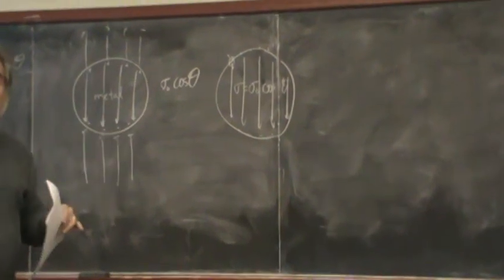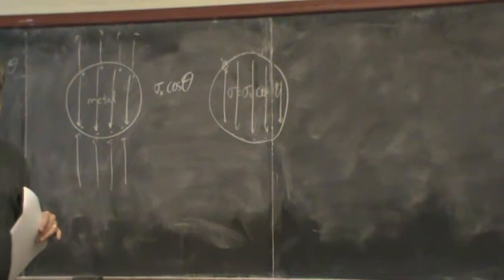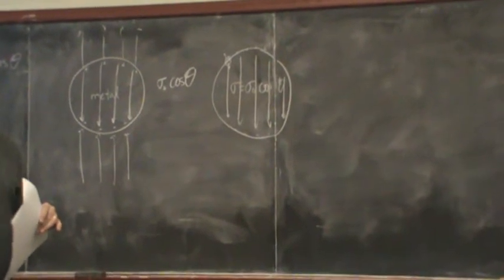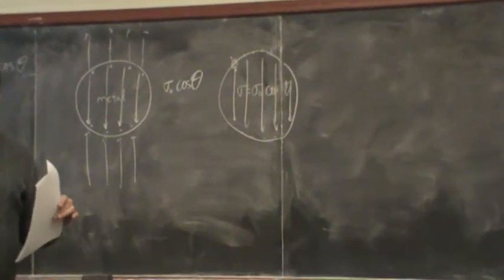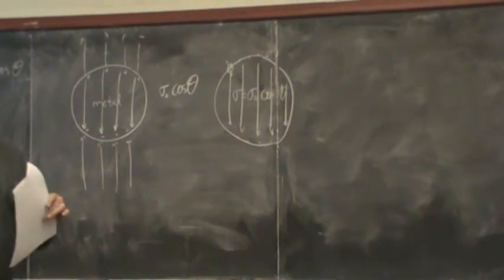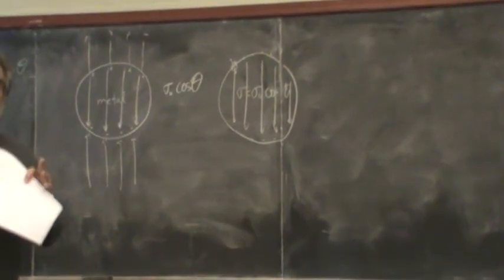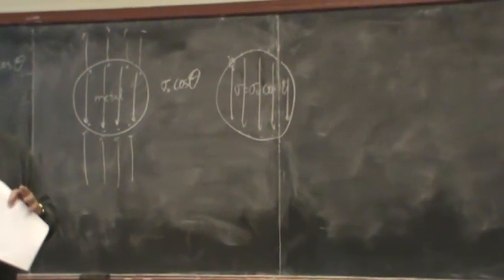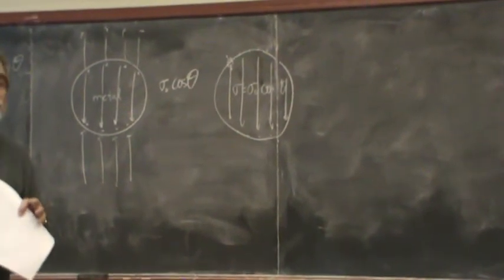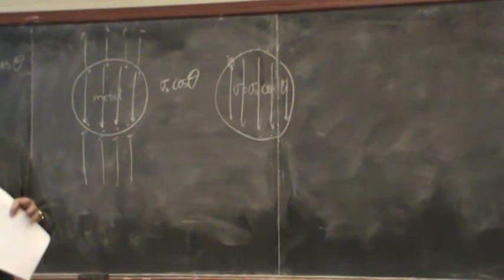first I have to do some background, but the next example that we're going to address is the example of a dielectric sphere of material placed in an external uniform electric field.